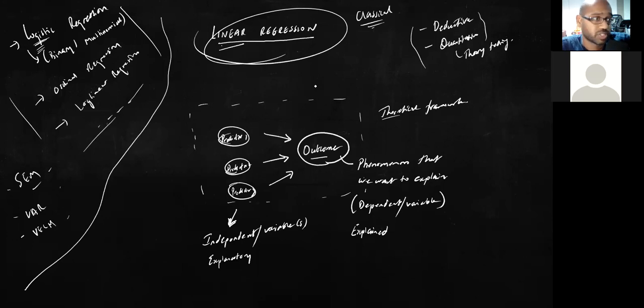But the linear regression, obviously, you want to know it very well, at least when it comes to the application of it. If we are speaking about linear regression, what we need to be very clear on is that the outcome needs to be measured on a numeric scale.